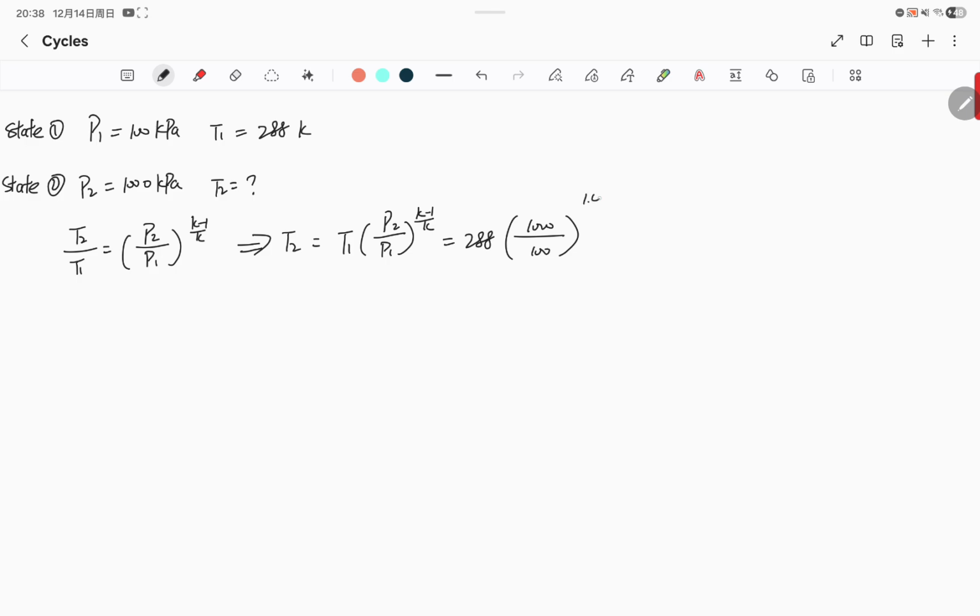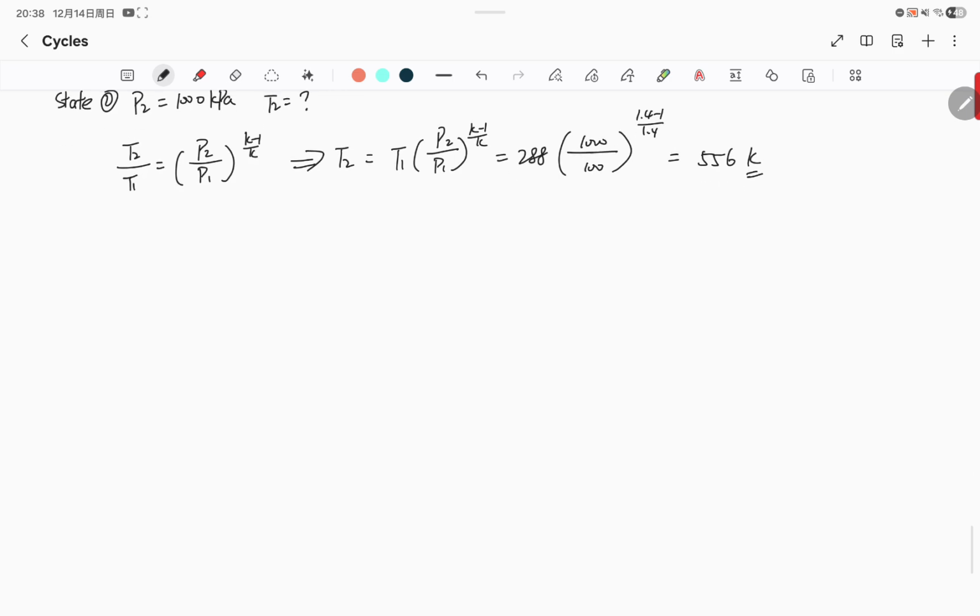And here is (1.4 minus 1) divided by 1.4. Do the calculation. T2 is 556 Kelvin. Pay attention to the unit. This is Kelvin, not degrees Celsius.